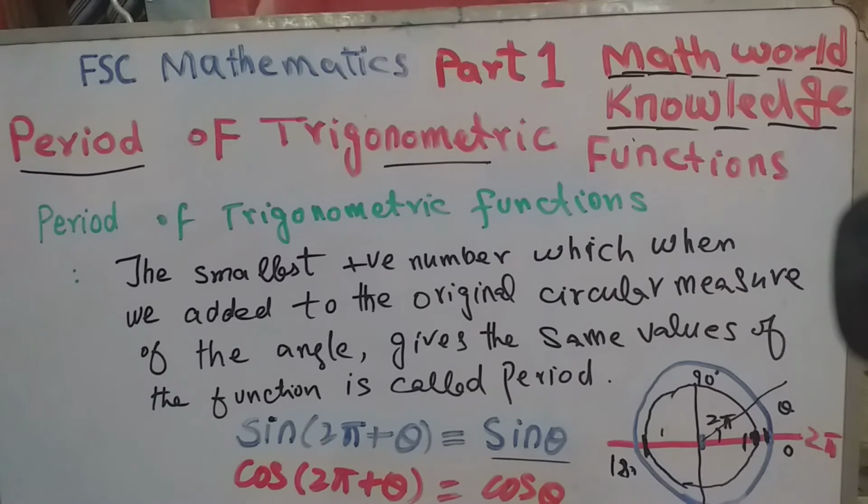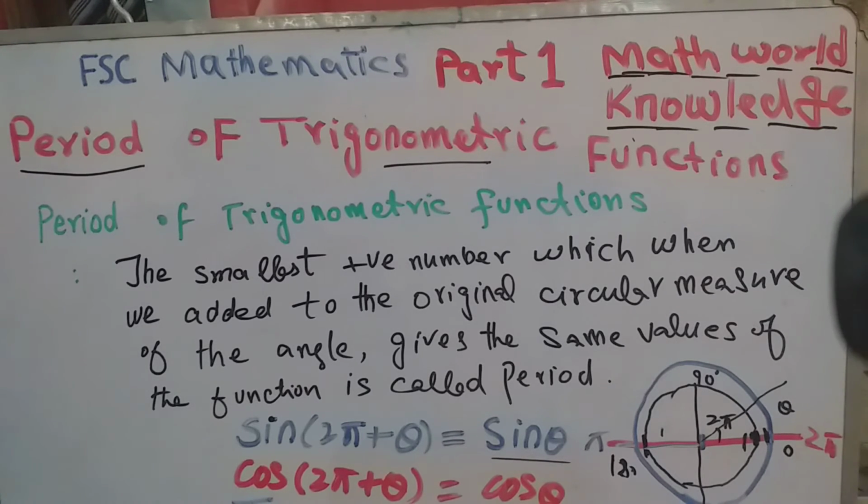Sine, cos, secant and cosecant have the same period, but the period of tan function is pi plus theta, because when we start from 0 to pi, pi plus theta is in the third quadrant. So tan of pi plus theta is tan theta. Pi plus theta lies in the third quadrant, where tan is positive.